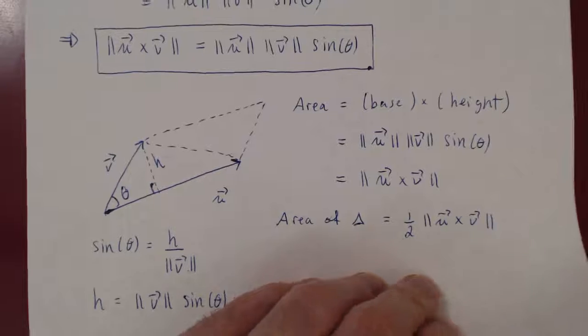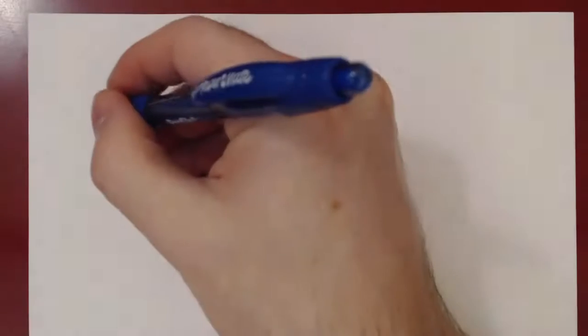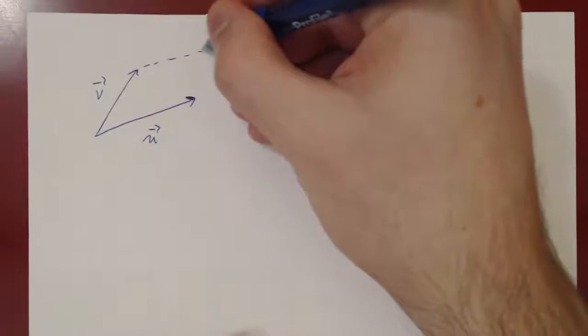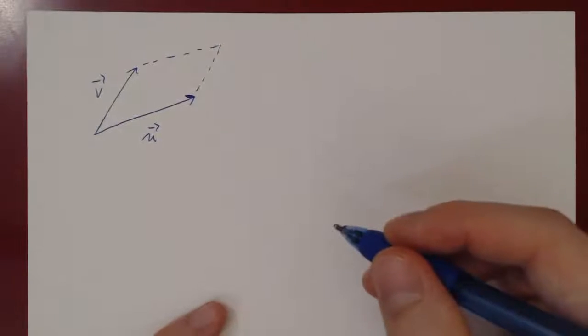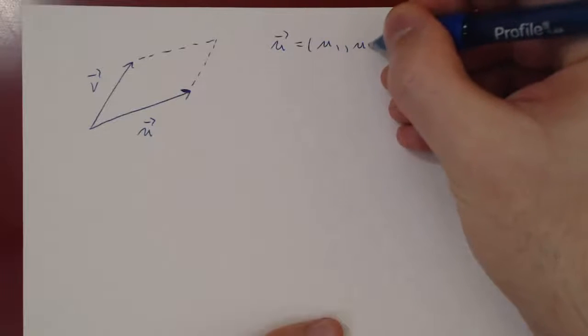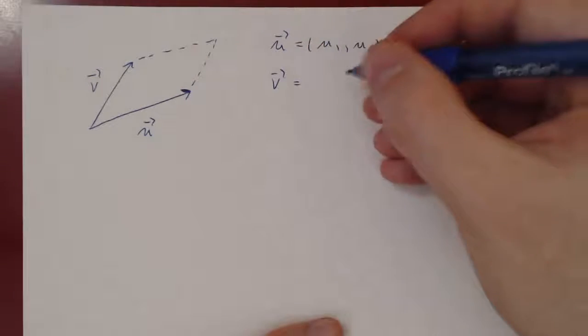Let's consider now this special case. Same picture, a parallelogram spanned by vectors u and v, but now assuming that the vectors only have two components. So vector u is given by u1, u2, and vector v by v1, v2.